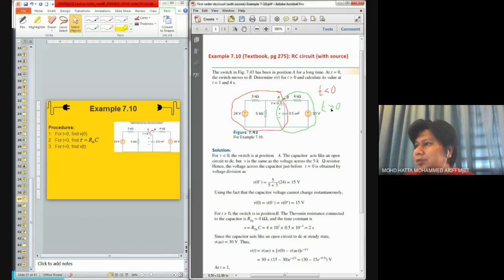Okay, first we analyze at t less than 0. Why? Here, for t less than 0, we try to find the initial value, or initial voltage, across the capacitor.